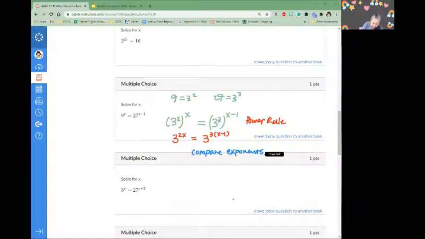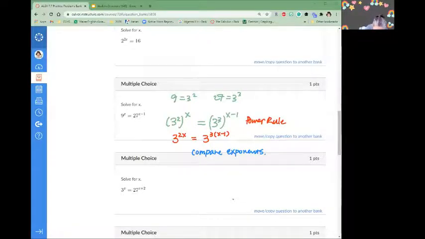exponents. So if my left-hand side is 3 to the power of 2x and my right-hand side of the equal sign is 3 to the power of 3 times x minus 1, then they are equal. Then we should get the x value by setting the exponents the same, right?